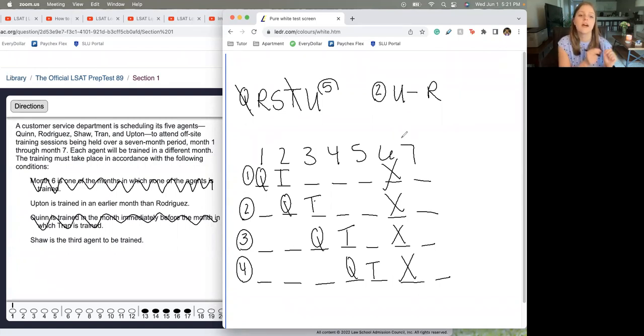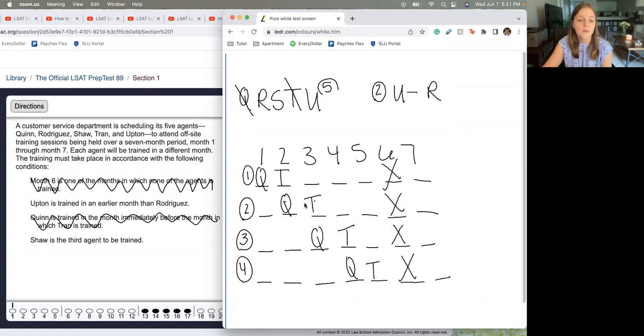So when it says that S is the third agent to be trained, it just means it's going to be the third variable in our sequence. Doesn't necessarily mean it's going to be in the third spot. So for example, if we look at world number 2, I'm going to use a different color for black because this gives away the rule or world.